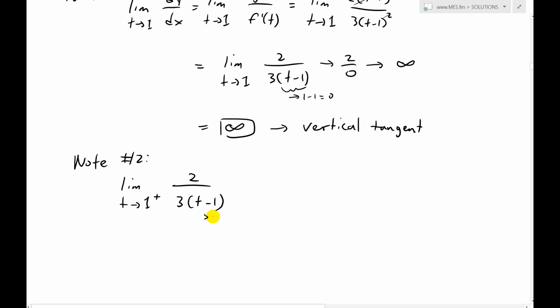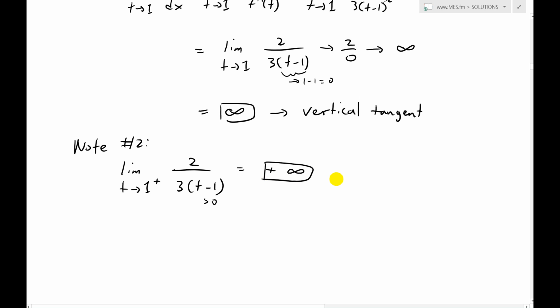So this is going to be greater than 0, still greater than 0 but approaching 0, so it's going to be positive, so what we end up having is, well, plus infinity. So it's going to be a positive vertical tangent there.